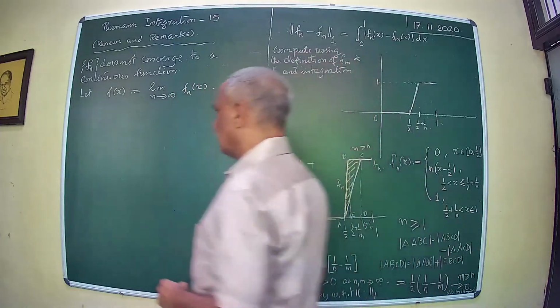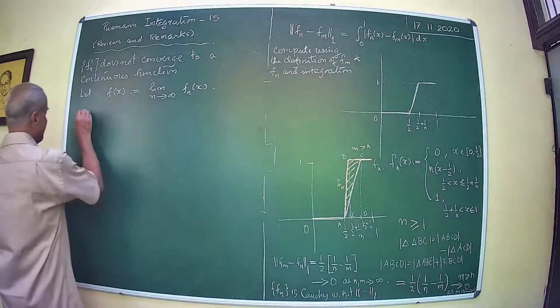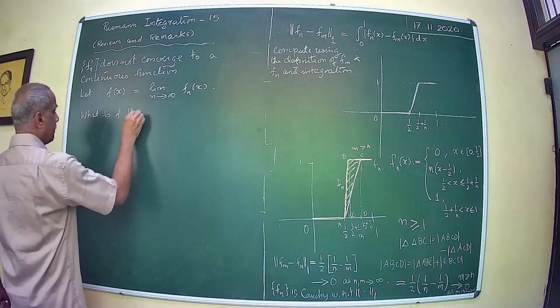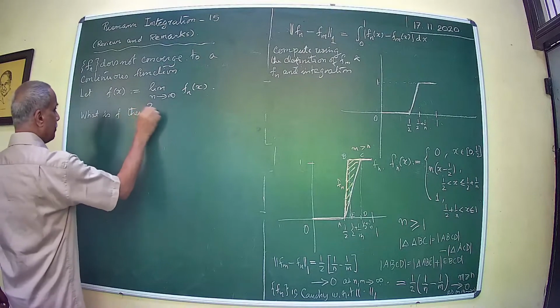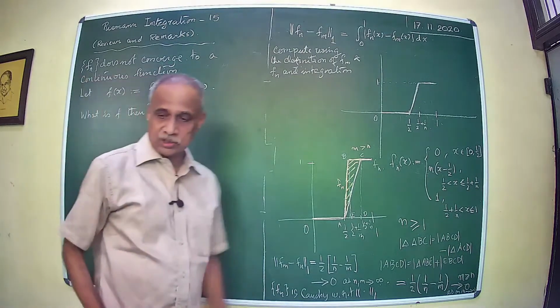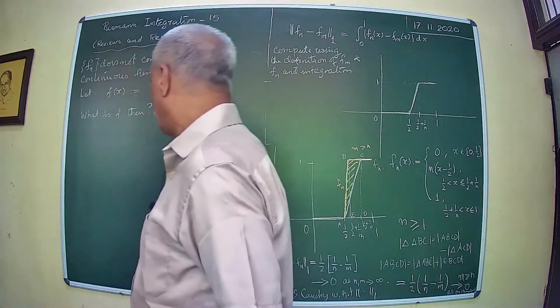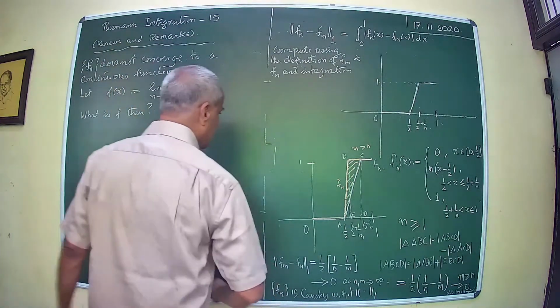Okay, let us start working on this. What is f? This is the question. So for that, we first show that on the interval 0 to half it is equal to 0.